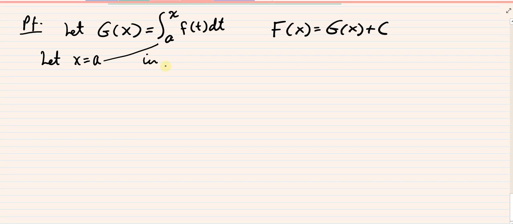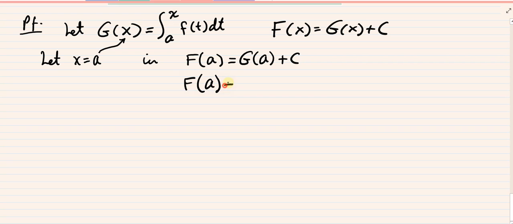So we're going to put a in here, and we're going to put a in here. What that would mean is this: f at a is equal to g at a plus a constant. Now g at a, we can write as the integral from a to a of f(t) dt, plus a constant.